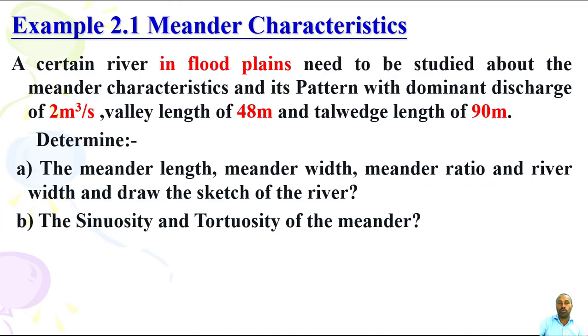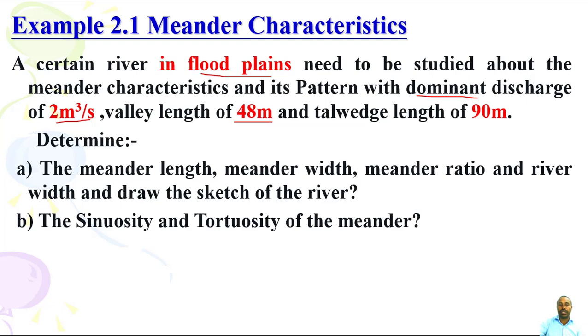Let's go to the example now. Example 2.1, Meander Characteristics. A certain river in a floodplain needs to be studied for its meander characteristics and pattern, with dominant discharge of 2 cubic meters per second, valley length of 48 meters, and thalweg length of 90 meters.